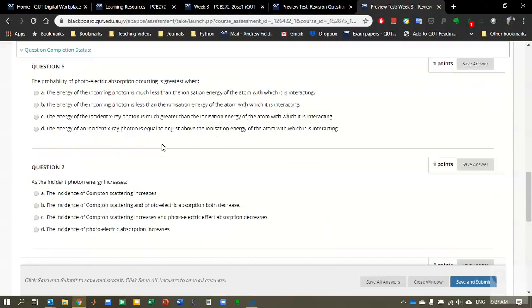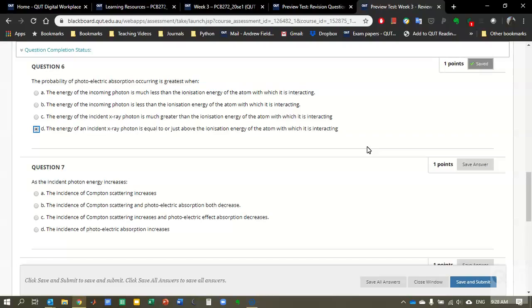Question 6. The probability of photoelectric absorption occurring is most likely when it's equal to or just above the ionization energy. So my question set here is D. And this is because the atom has to actually be able to absorb the energy.